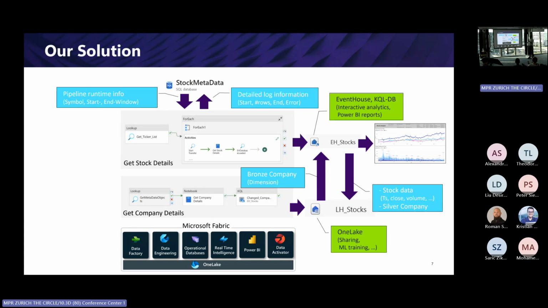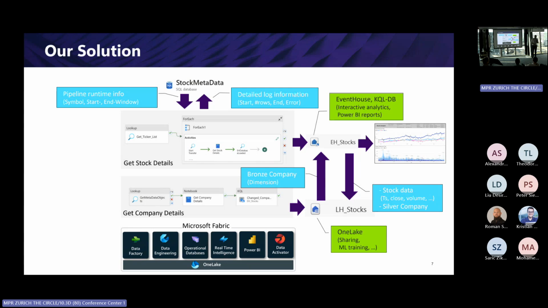The company data, so the dimension, we store into a lakehouse, and we created a shortcut from the lakehouse to the event house. In the event house, we take it as a bronze layer and make a silver and gold layer in the lakehouse.